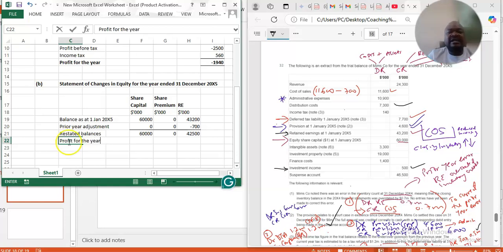This is why I said, if you have done your computations wrong, you're not going to be punished twice. So here, for the profit for the year, it goes straight to the retained earnings, and you just take it as it is. Are we together, ladies and gentlemen? Okay. You just have to think, what really happened? There was some dividend paid.